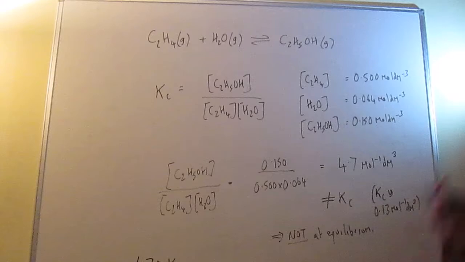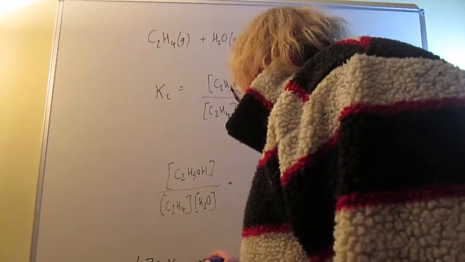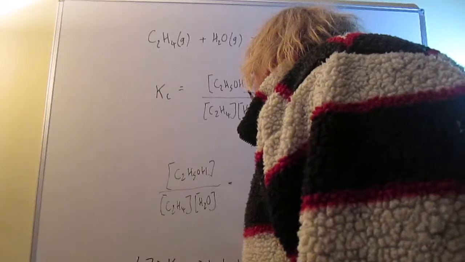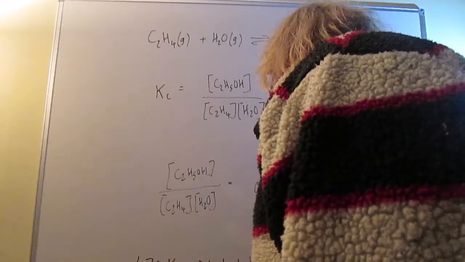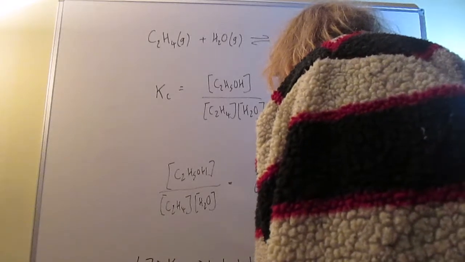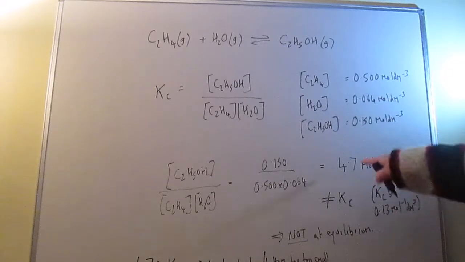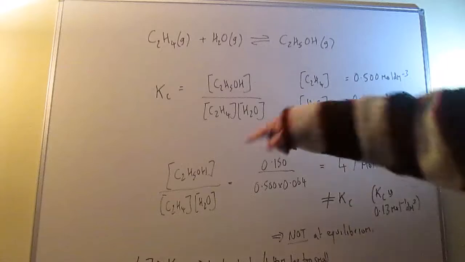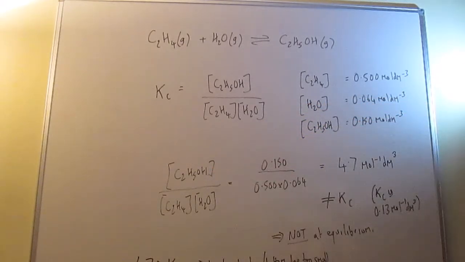And then we do top line, bottom line thinking. That's the key thing. If the answer is bigger, that means that the top line is too big and the bottom line is too small. So we can say that, spell it out like that, and say that's what we can deduce from this number being bigger than 0.13. It means the top line is too big, and that means we've got too much of the stuff on the right. In other words, we've got too much ethanol.